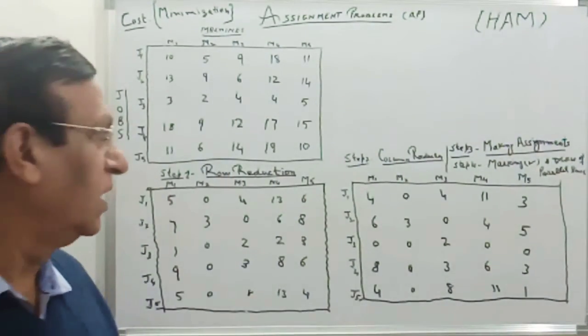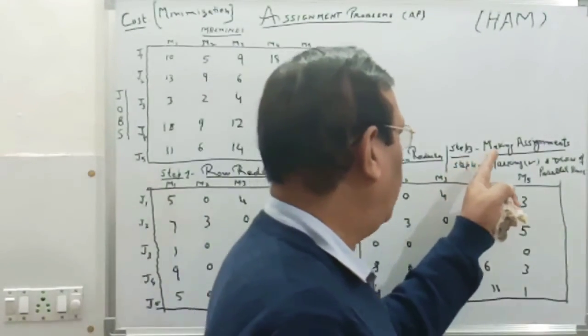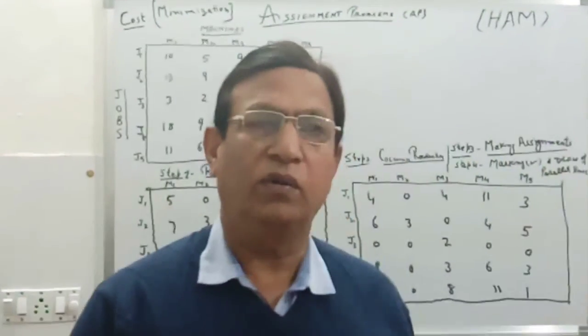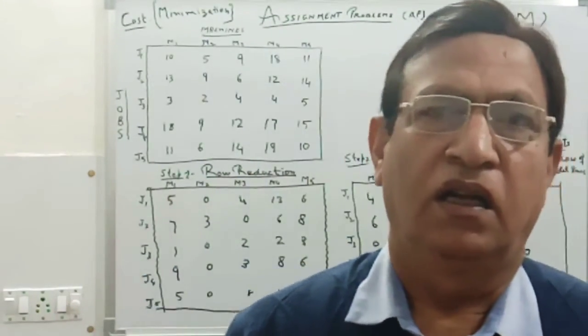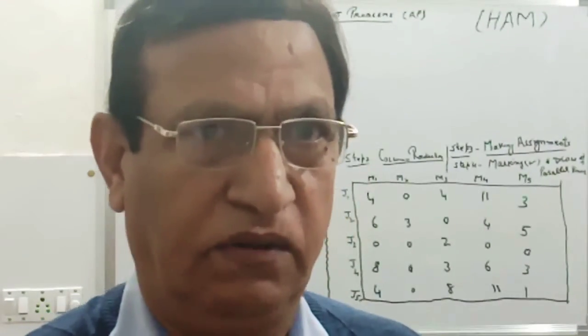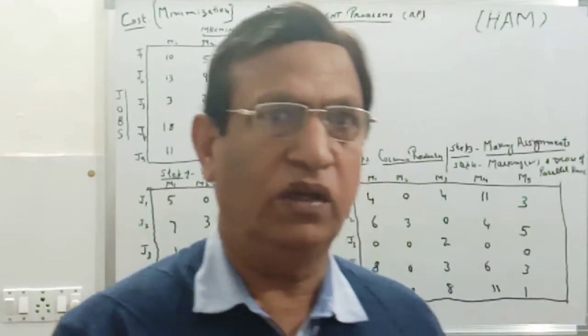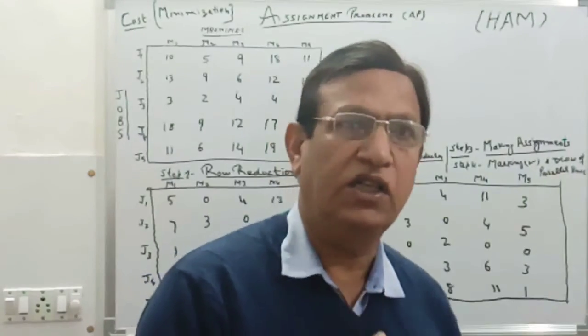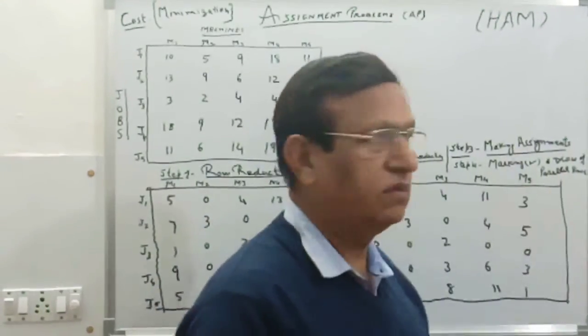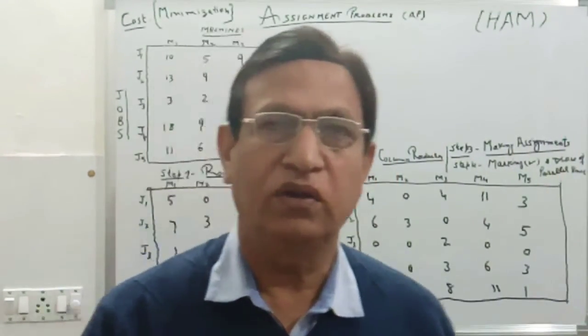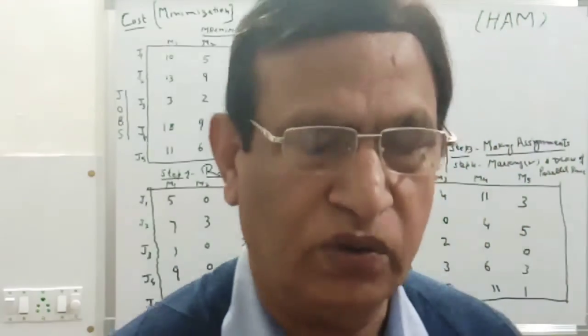Next is step number 3, making assignment. The rule for making assignment is, starting with the first row, find the row in which there is a single 0. This is also known as 0 assignment. Find the row in which there is a single 0.